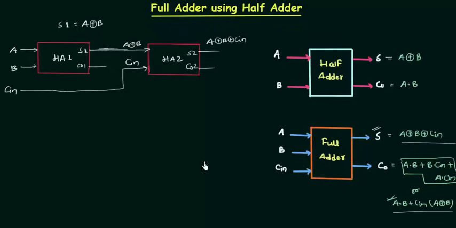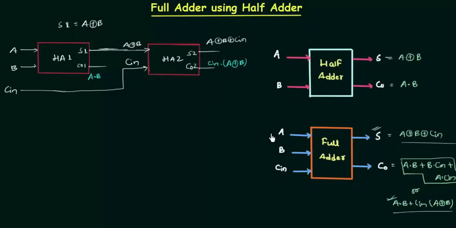So we have obtained the sum, and now we will move to the carry output for the full adder. Carry output is A and B. If I talk about CO1, that is the output carry of the first half adder, this is A and B, right? And if I talk about the carry output of the second half adder, it is Cin and A XOR B, because A XOR B is the first input and Cin is the second input, and we have to AND both the inputs to obtain the carry output.